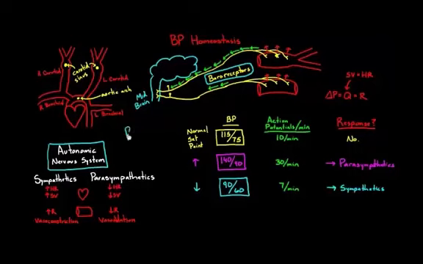This is all very rapid. And when I say rapid, I mean on the order of kind of seconds to minutes. So within seconds to minutes, this response can happen. So this is a fantastic example of how your body can take in information really quickly and really respond quickly to help keep your blood pressure balanced.